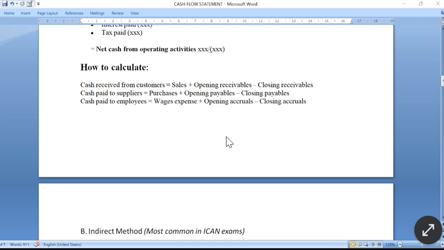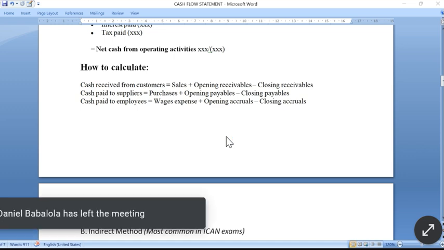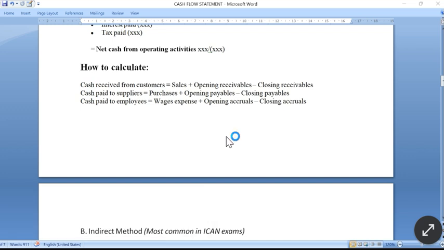Cash paid to employees is wages plus net accruals. It's as simple as that. Your net receivables equals opening minus closing receivables. Your net payables is opening payables minus closing payables. And your net accruals is opening accruals minus closing accruals. So it's as simple as that.